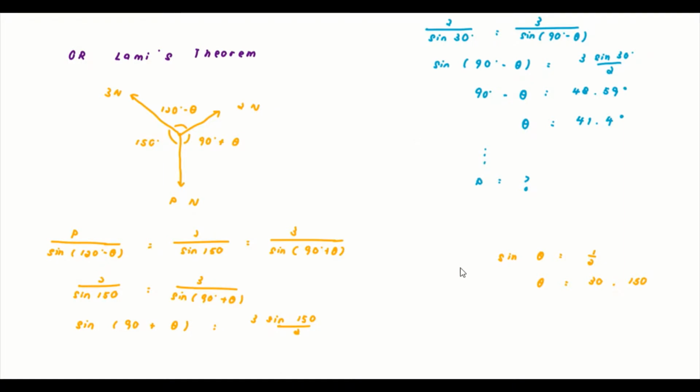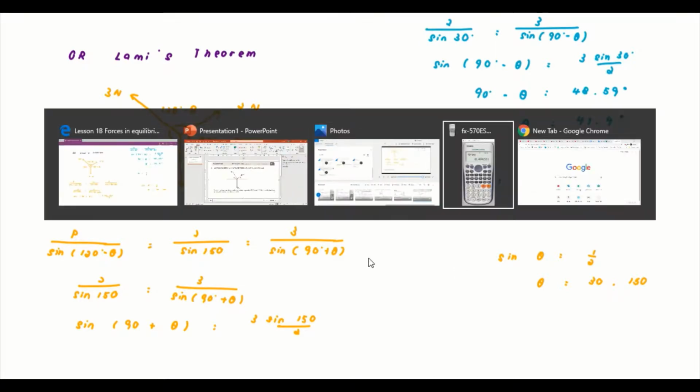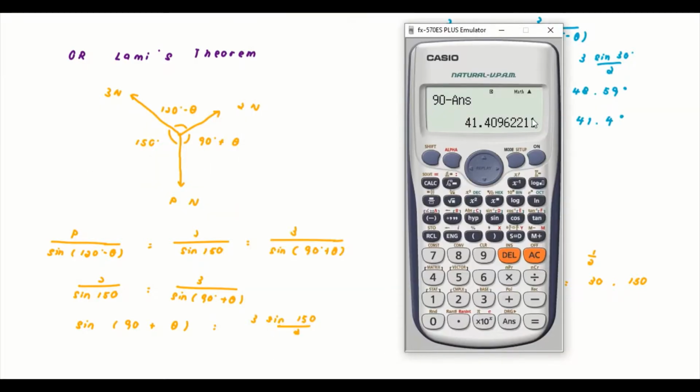Let me press it in the calculator first. When I solve this, I shift sine, then 3 sine 150, and then over 2. When you solve this, you get 48.59.